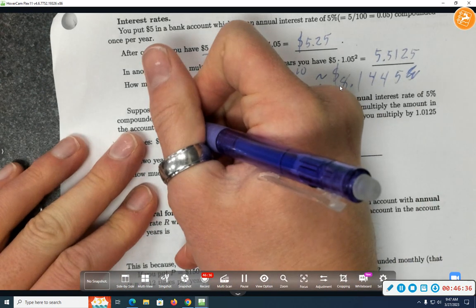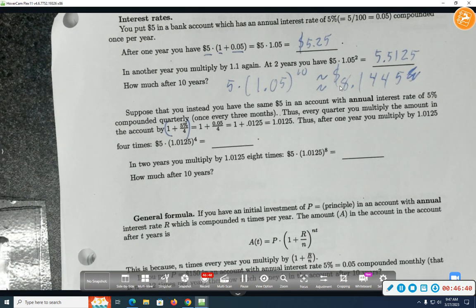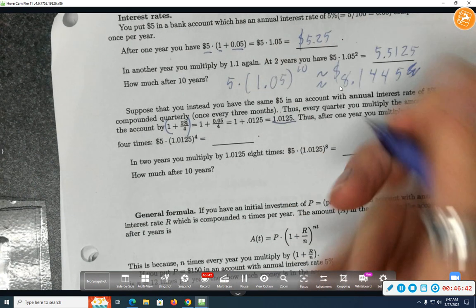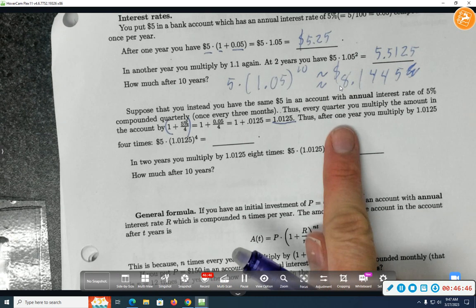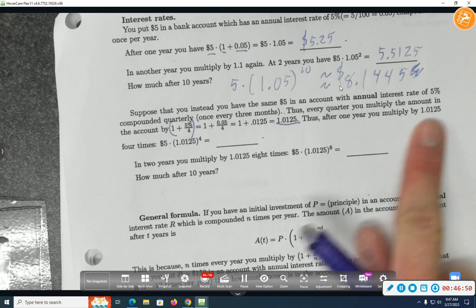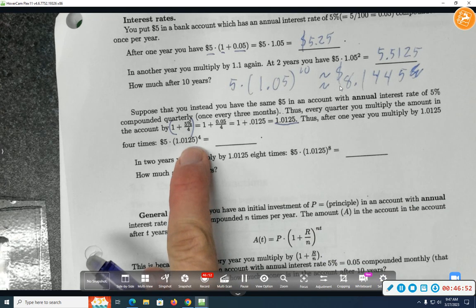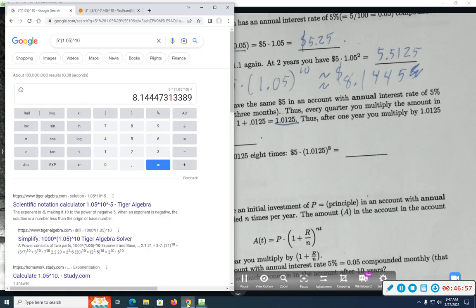So that means each quarter you'll multiply by 1 plus 5% over 4, which if you compute it out is 1.0125. So after 1 year you'll multiply by 1.0125 4 times. That's the same thing as multiplying by the thing to the 4th power. So let's do this. I want to compute that.